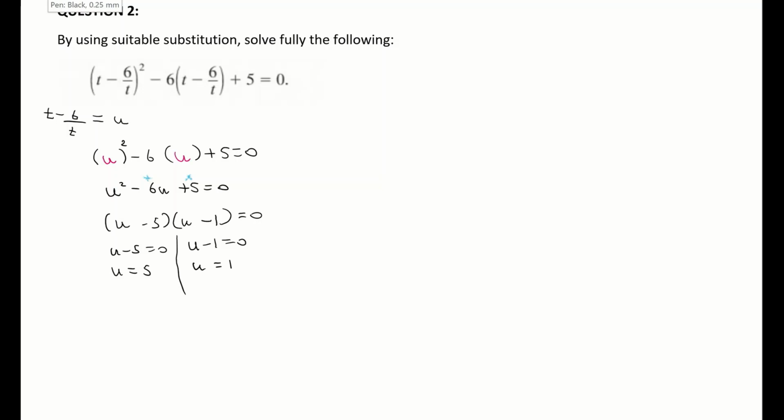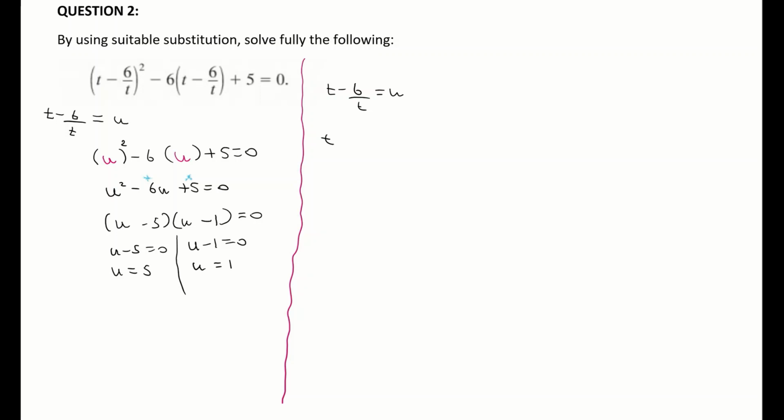Now unfortunately we're not finished, because we now have to come up and solve for t. The question wants us to solve for t in this particular question, and I need to do it out twice for both answers that we achieved for u. So therefore, I'm bringing back up my t minus 6 over t is equal to u.